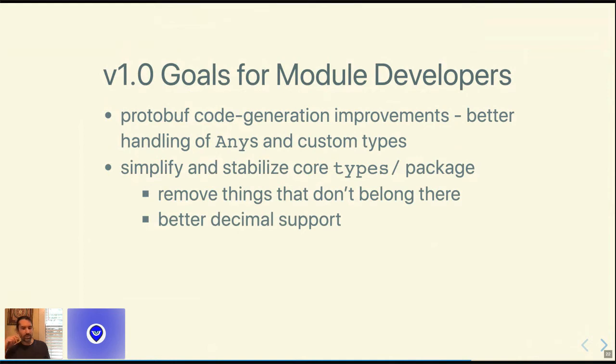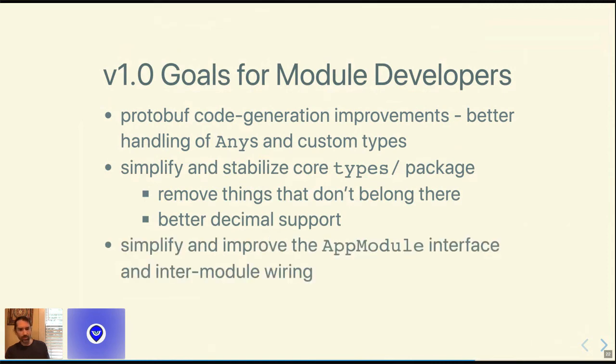And there are a lot of other API cleanup issues we could do, not just in the types package, but in the client package and some of the other core base packages, which aren't really part of any module, but which all modules depend upon. And we also want to simplify and improve the app module interface and intermodule wiring.